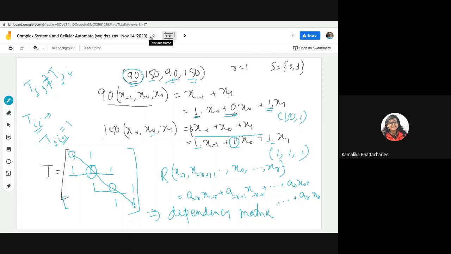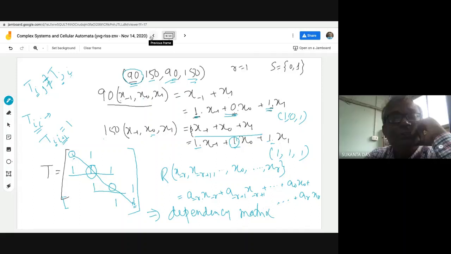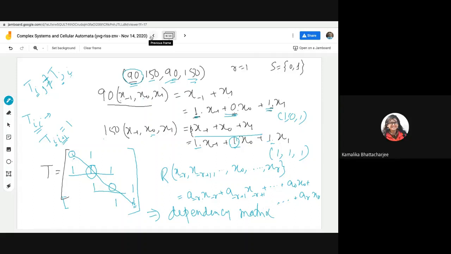Sir, you said that Tij is not generally equal to Tji, but this matrix will always be a symmetric matrix, right? Then why will it not be equal? It is supposed to be a symmetric matrix.